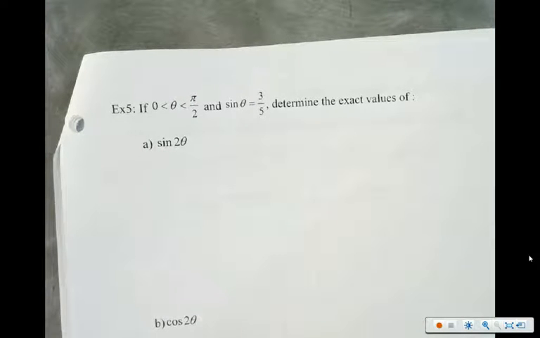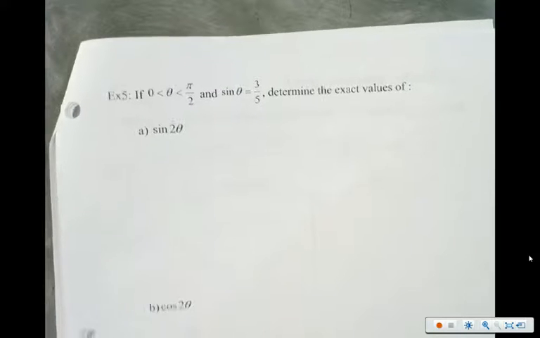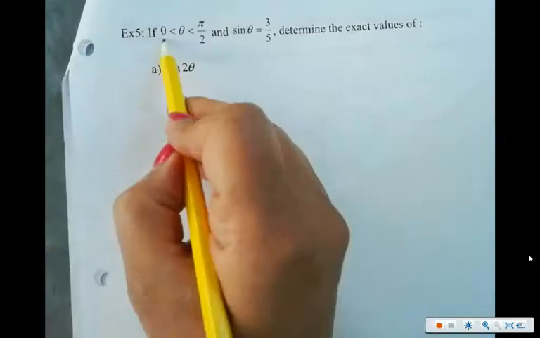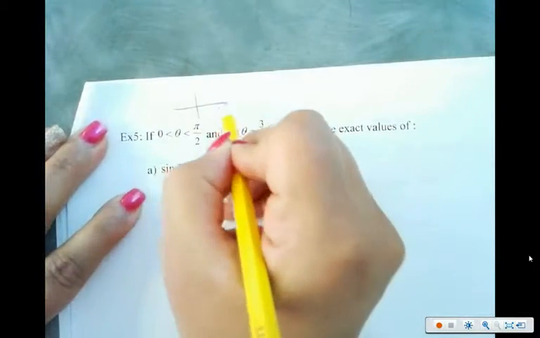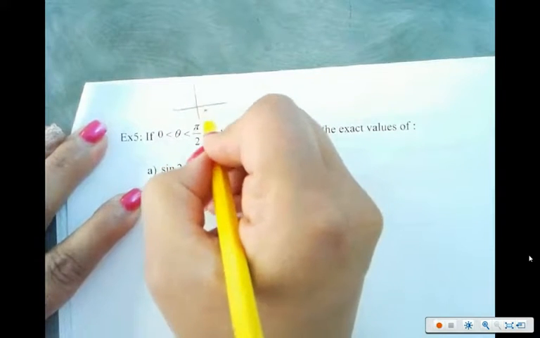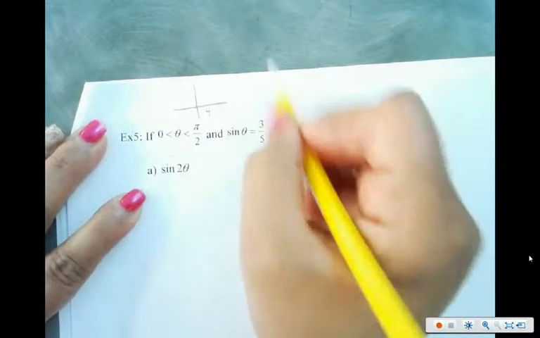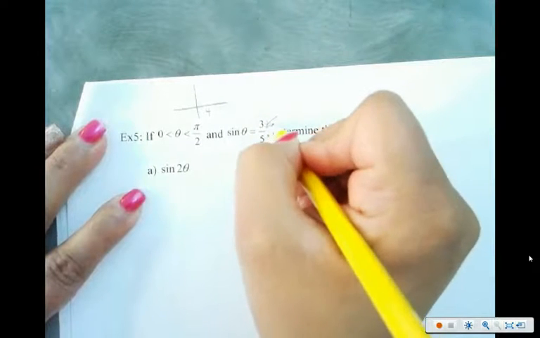All right, so now let's try this. What are we going to do now? What quadrant are we working in? The first one. So I've got this triangle.